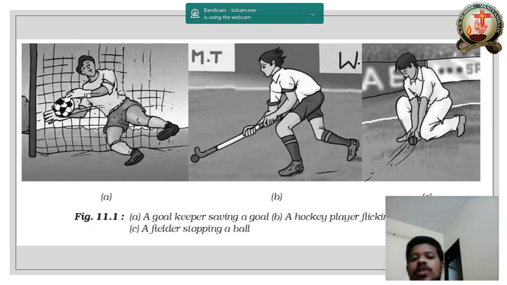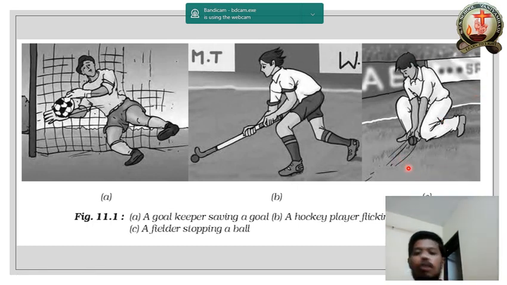So it is quite opposite to the one which you have seen in football. In football, the goalkeeper is trying to save the ball, whereas in this picture, the hockey player is trying to flick the ball. So while flicking, the motion increases.